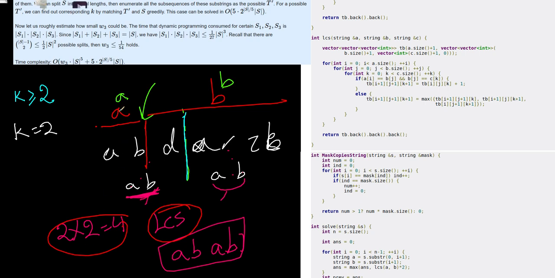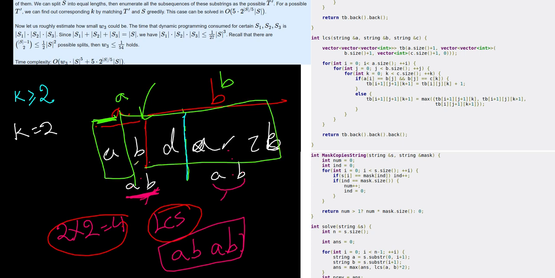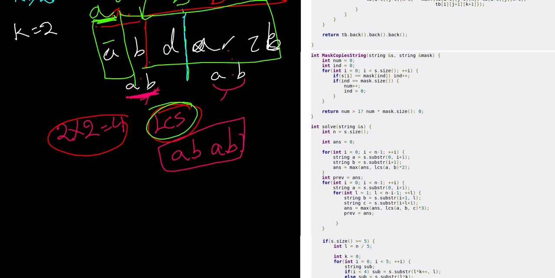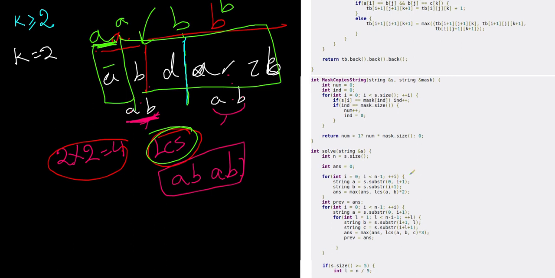We can split it this way. So this is the first part and this is the second part, so this is A and this is B. And again we need to calculate the longest common subsequence for all possible splittings of the string, and this is what we are doing here.